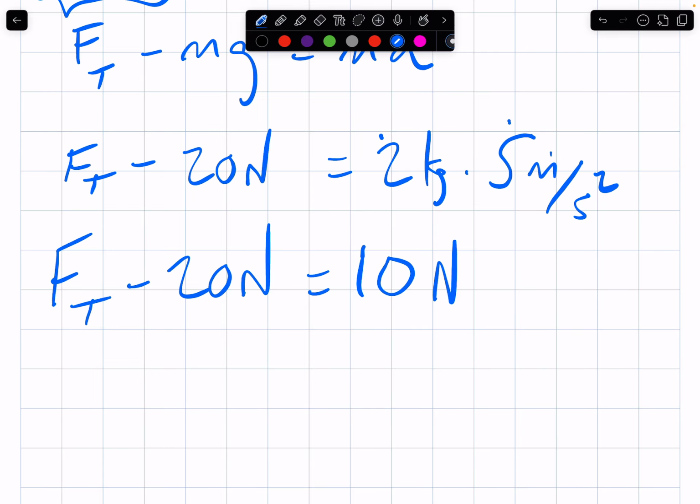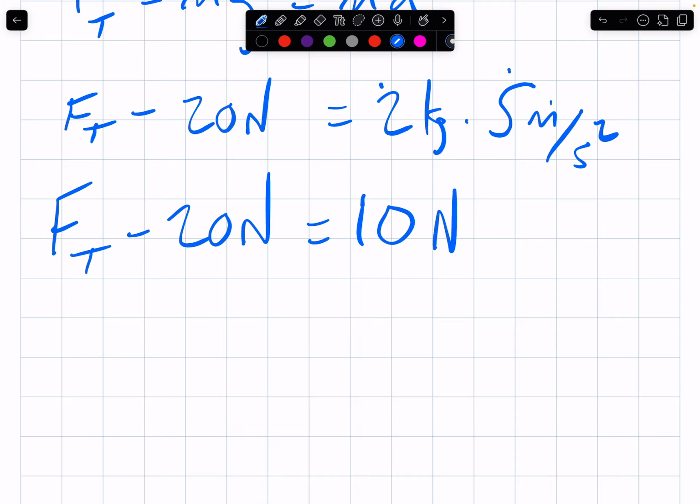So what number minus 20 is equal to 10? That would be 30. But again, we could do the whole math thing here if you want to. The way to get the F sub T by itself is to add 20 to both sides. So F sub T, I'm going to add 20 here and add 20 here. So negative 20 plus 20, that cancels out.